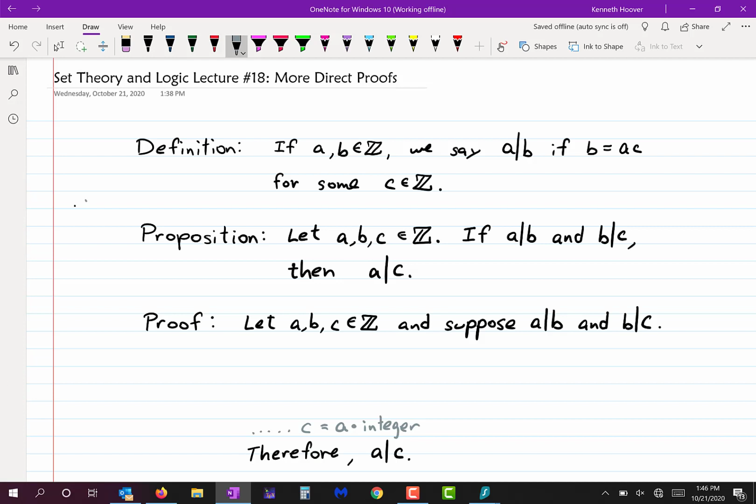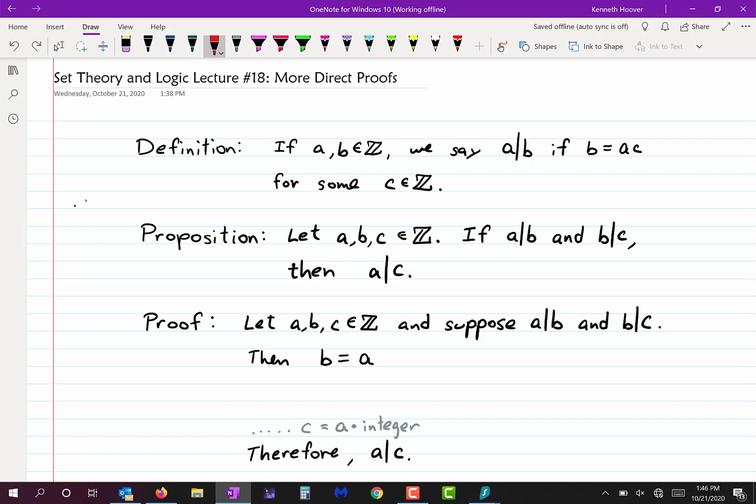So since we have a divides b, let's write down what that gives us. It means that b equals a times some integer. Now I can't use c here because c is being used for something else already. So pick another letter. How about we'll just go with d.